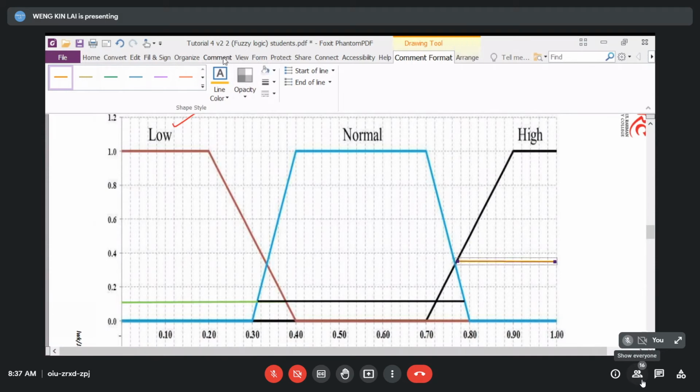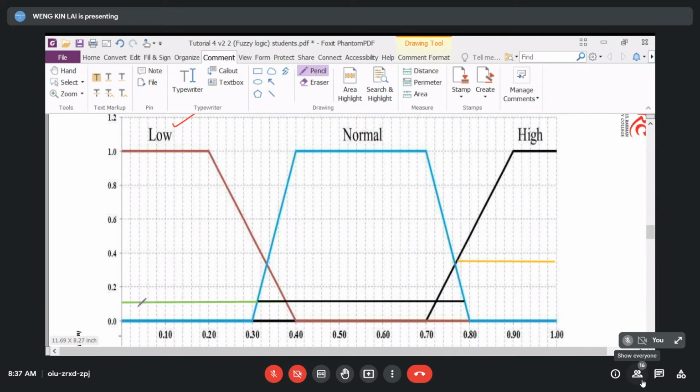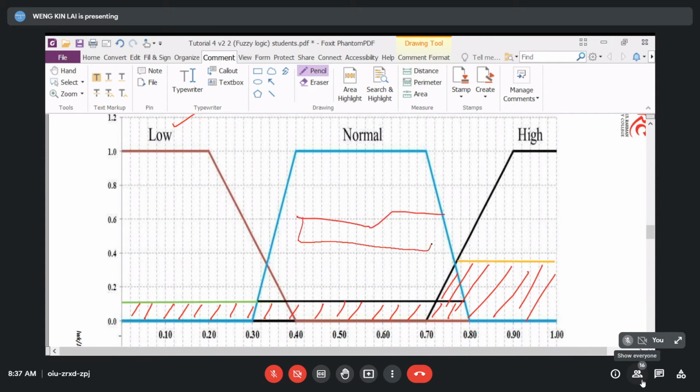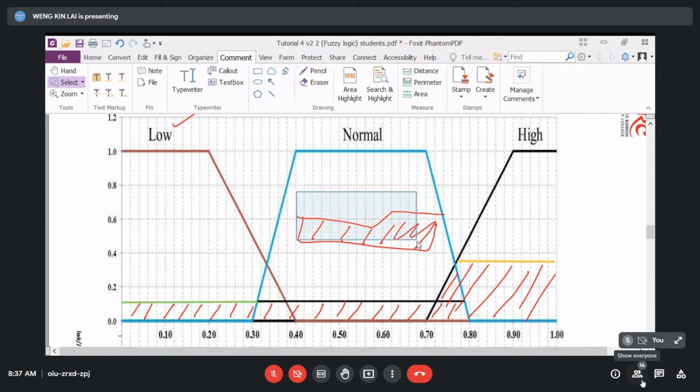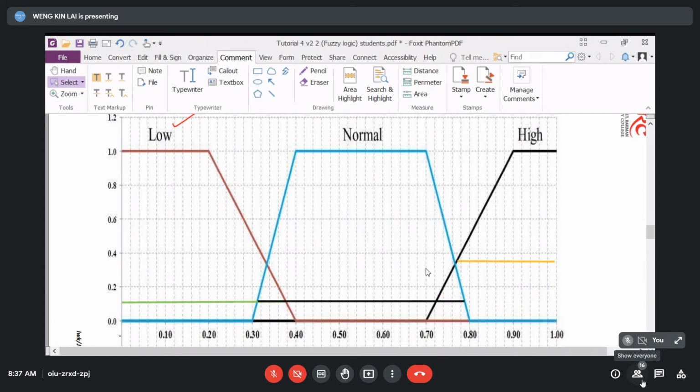So the next step, to help you, I'm now shading the area, if you remember the steps involved in fuzzy logic estimation. We're trying to find the center of gravity for this shape. It looks something like this. I'm trying to find the center of gravity for this particular shape. Sorry, never mind. It looks like I've accidentally deleted what I've done.